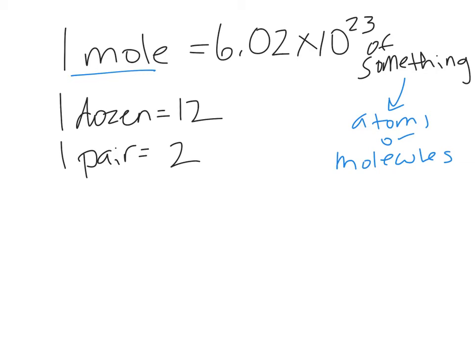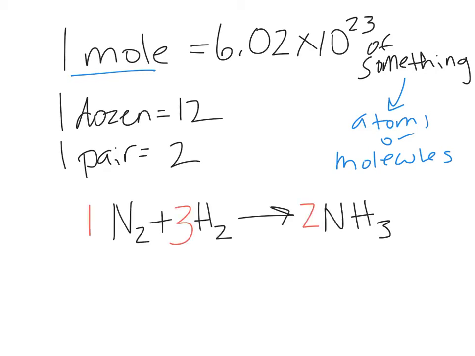So when we have a reaction like this, where we've got nitrogen and hydrogen gas reacting to form ammonia, NH3, this is basically a recipe telling how many moles of these molecules we need in order to make this many molecules of NH3.